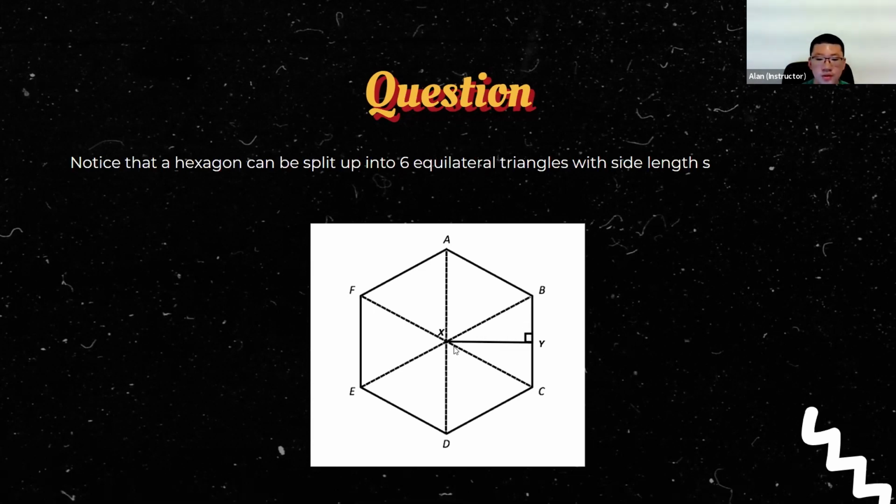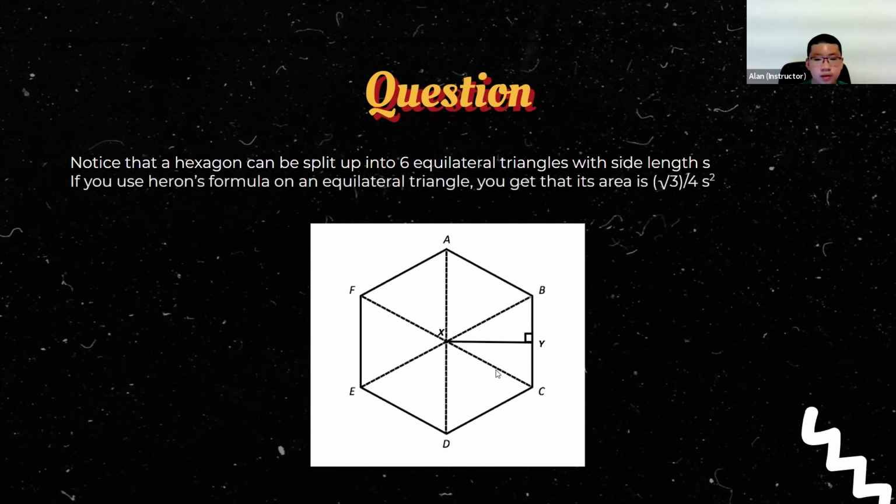So the area of each 30, 60, 90 triangle is going to be root 3 over 8 s squared. And since there's 2 of them in an equilateral triangle, the area of each equilateral triangle is root 3 over 4 s squared. And then you multiply that by 6 to get the final answer, which is 3 root 3 over 2 s squared.